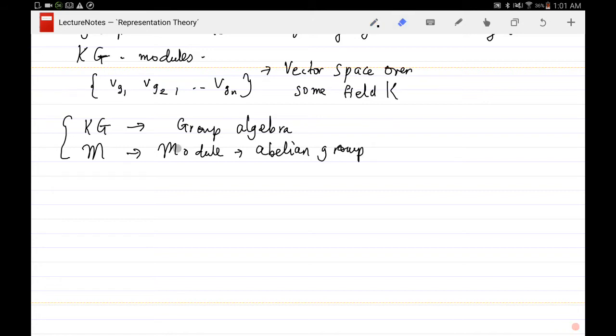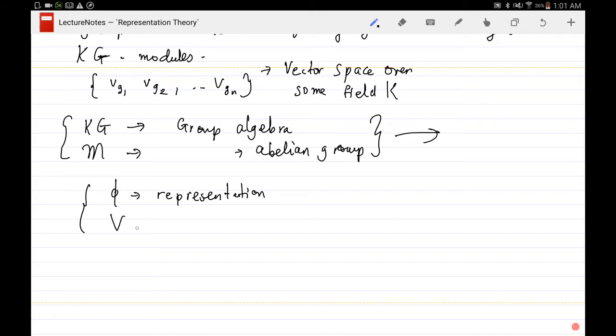I shouldn't call it the module, it's the abelian group. The module is the triple. And this language can then be used to talk about representations and V, which is vector spaces.